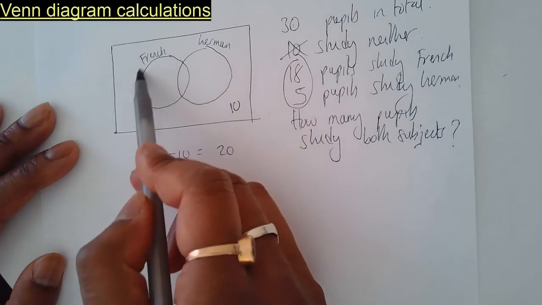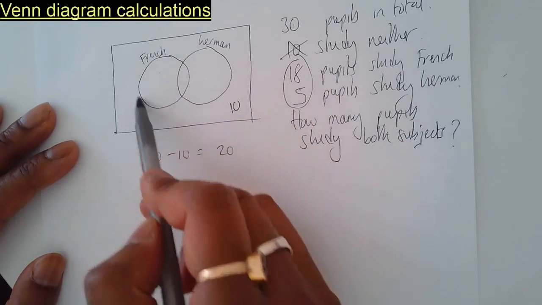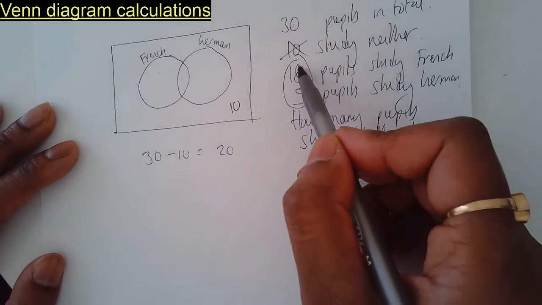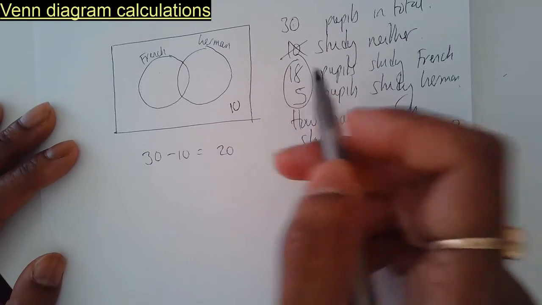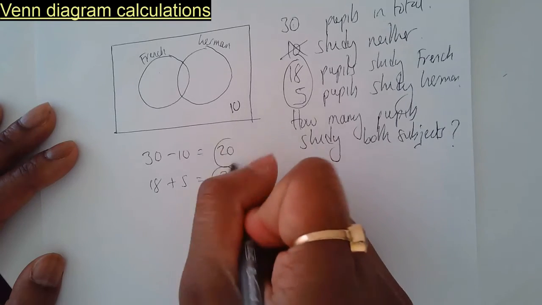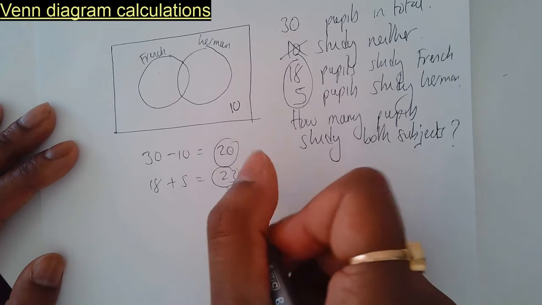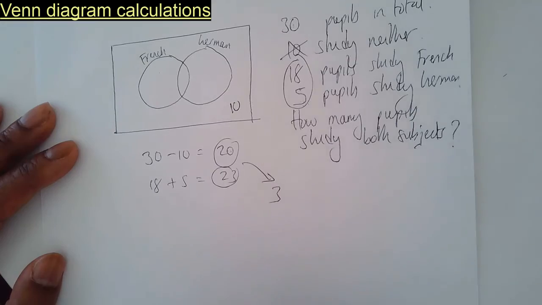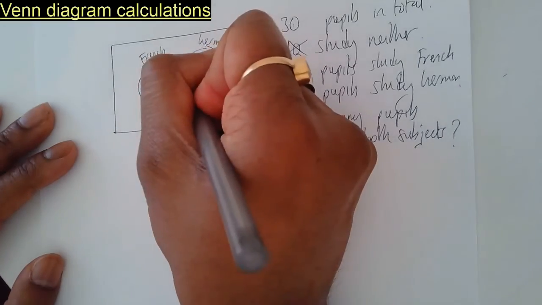So you've got 20 pupils to use within these circles. Then what you do is add these two numbers up, the French and the German, and then subtract 20 away from 23. That 3 goes right there.